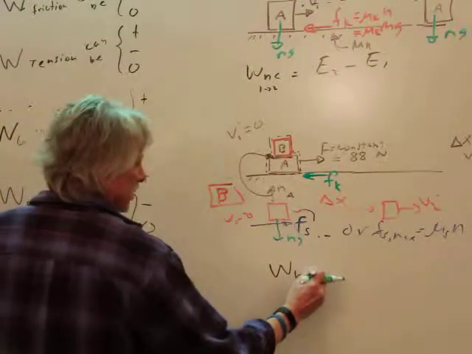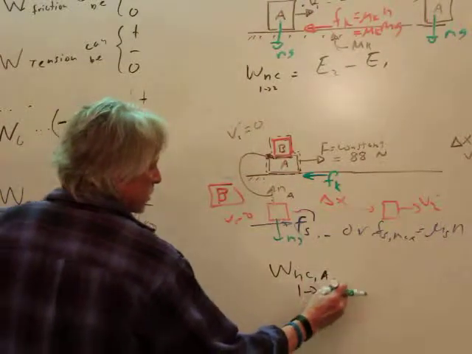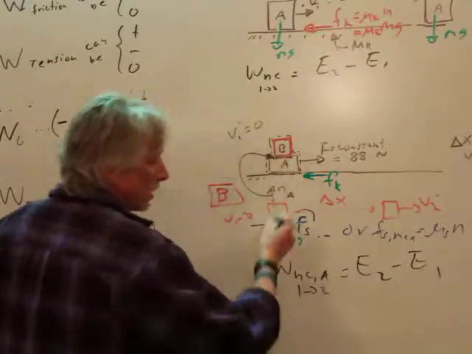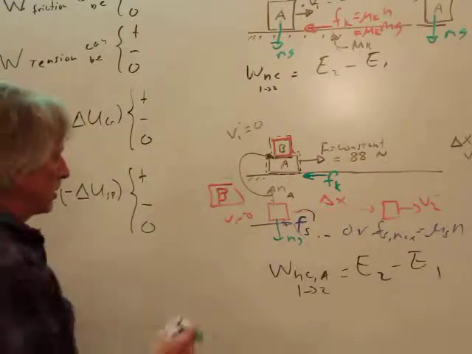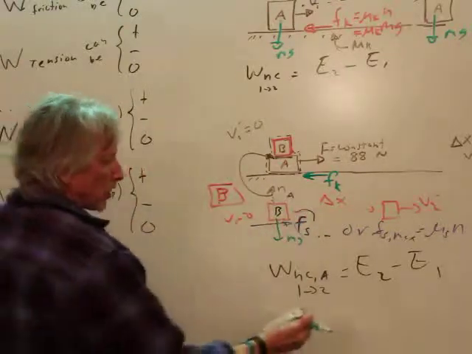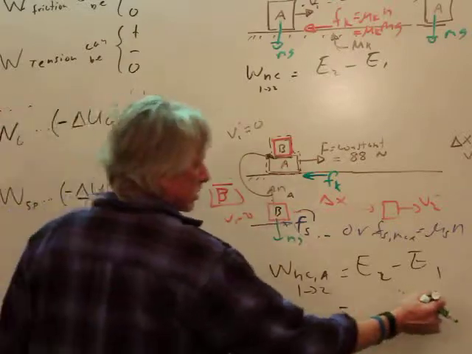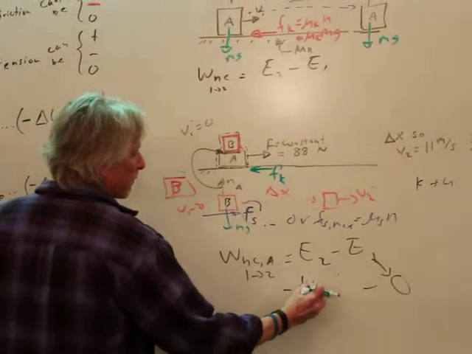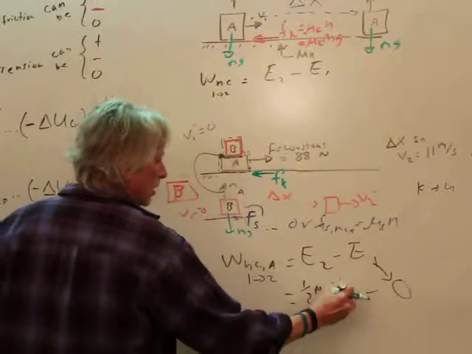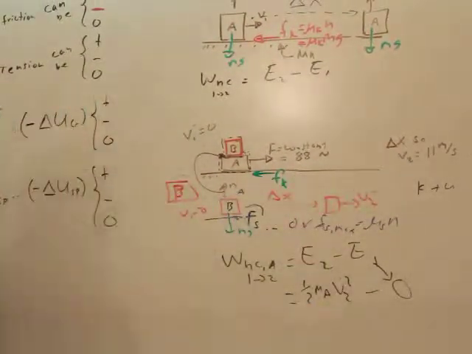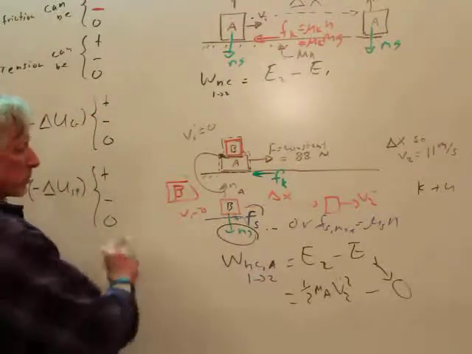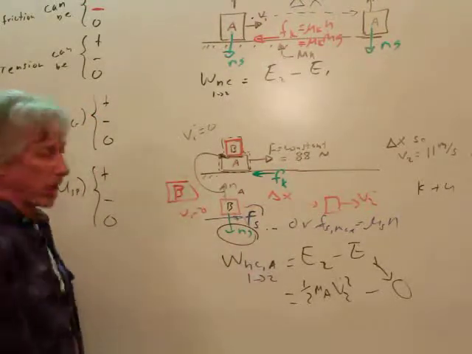Work non-conservative on A from 1 to 2 is E2 minus E1 of A, or excuse me, of B. This is B, right? And then I look at that, and initially it starts at 0, so that's nice. And then afterwards, I'm going 1/2 mass of A, because I'm looking at it, V2 squared, still the 11 meters per second. And since I'm looking at it, this isn't doing any work, because it's perpendicular motion, and I don't have any change in height.